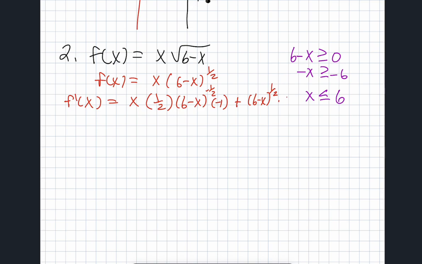Now, at this point, I know some of you struggled last week with how to handle that. How do you get it so that you can factor it and find those critical points and stuff? Here's the key to these. You always want to look at the lowest power on your 6 minus x. There will be a lowest power, and that is what you want to pull out.